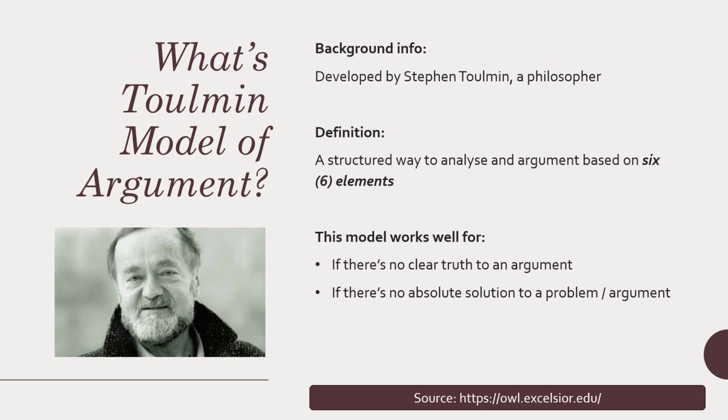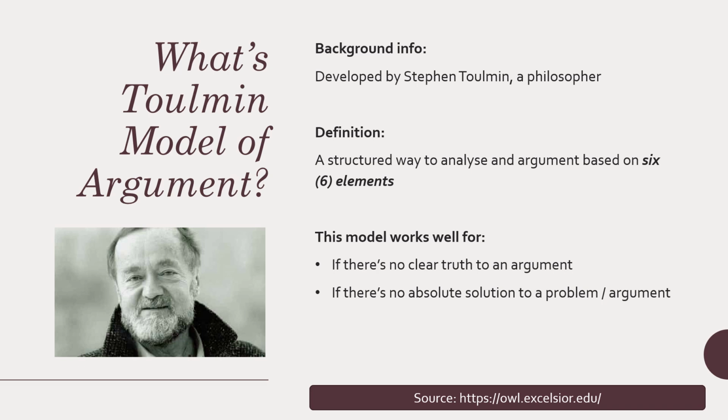Now it's actually a method developed by Stephen Toulmin, who is a philosopher, and he came up with this idea, with this method on how to actually analyze an argument in a very structured manner.